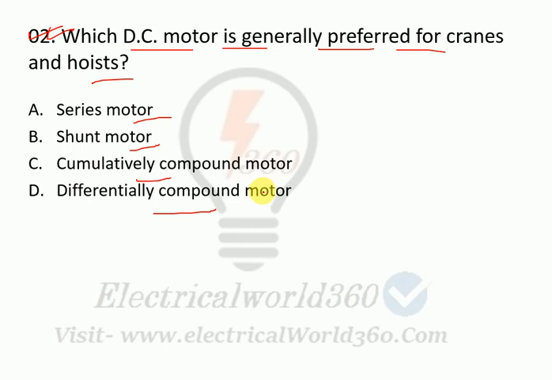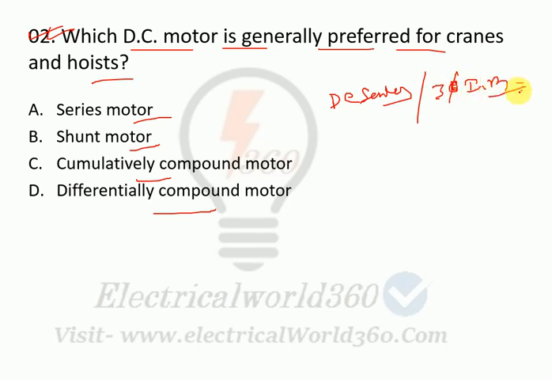For high starting torque requirements, DC series motors or three-phase induction motors are used. So wherever high starting torque is required, we use either a DC series motor or a three-phase induction motor.